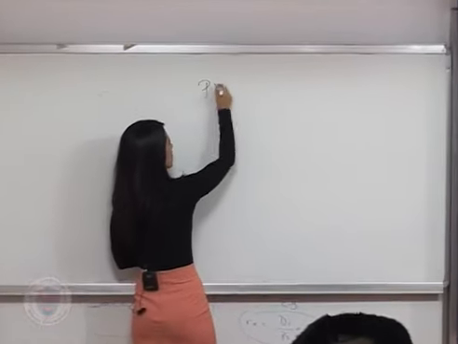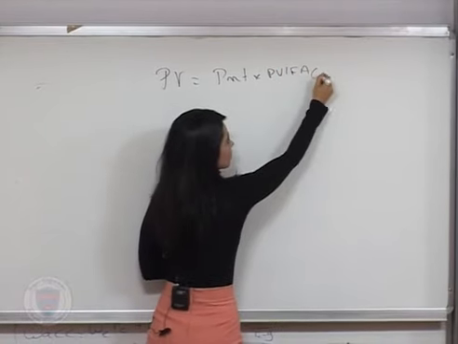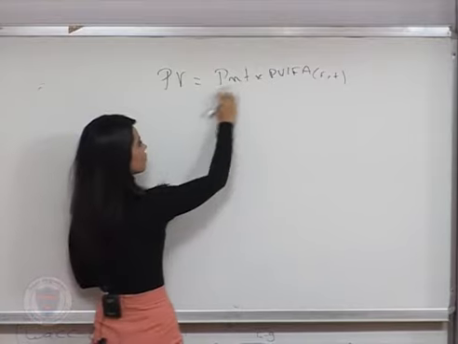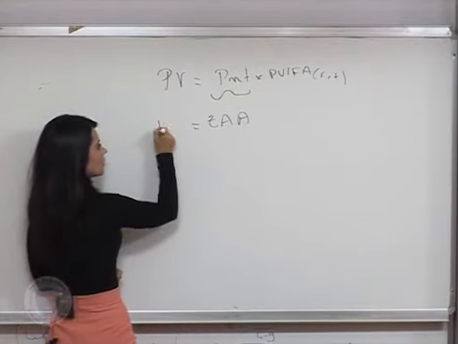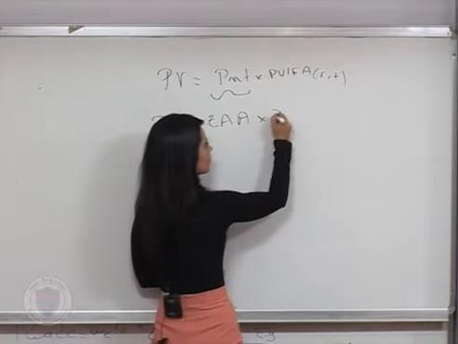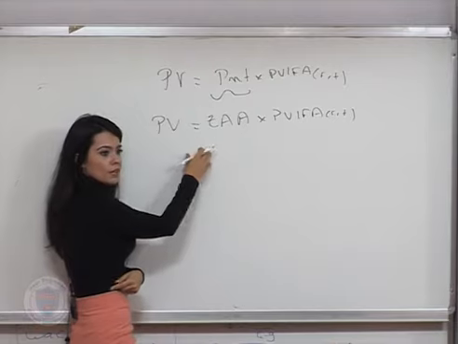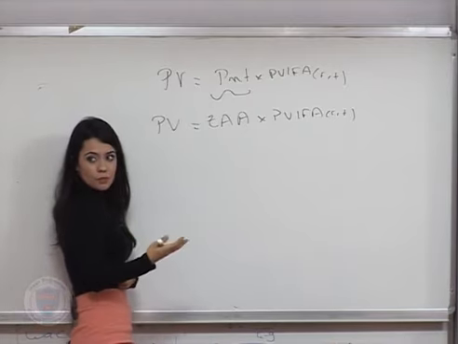It was present value is equal to payment times PVIFA, right? So in those examples, instead of payment, I'm going to use equivalent annual annuity, okay? So it will give me the annual cost or annual revenue related to the project.